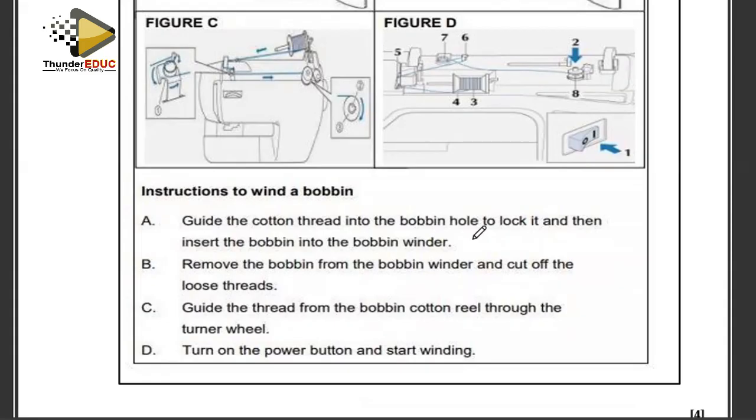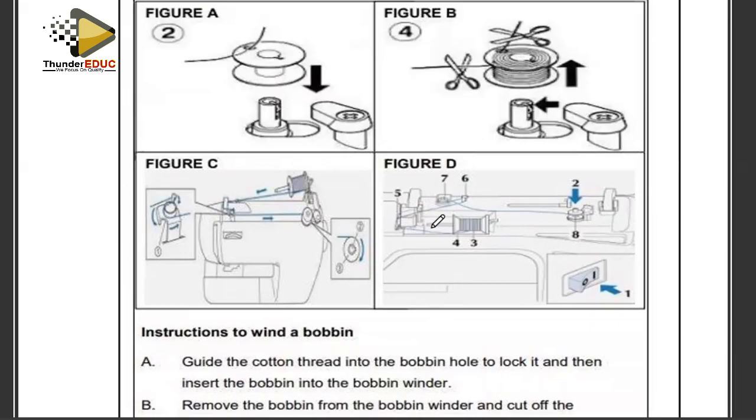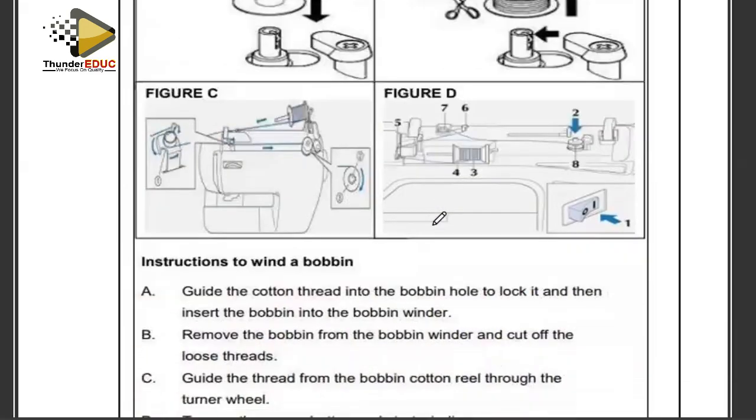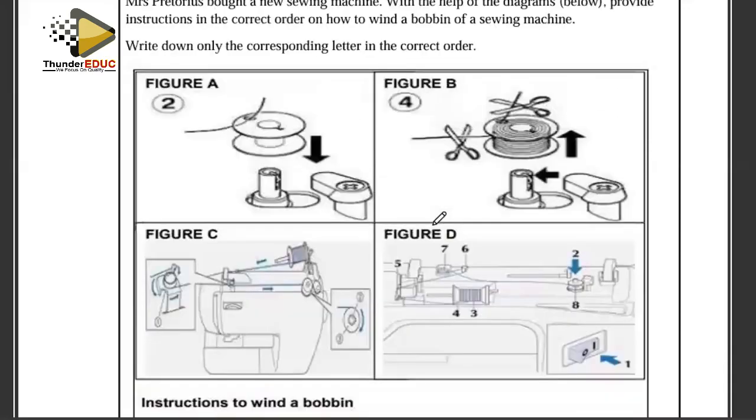Since you're going to wind, the instruction says, okay, we start with, okay, we have A, then B, C, and D. So we start with this one will be the first one.